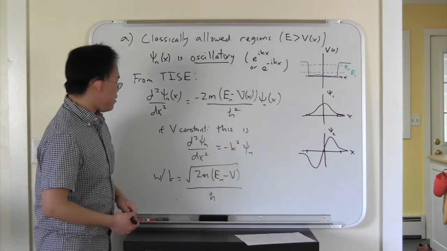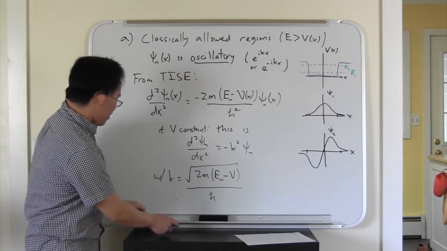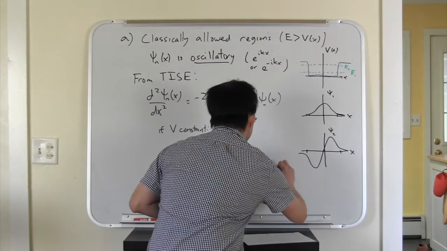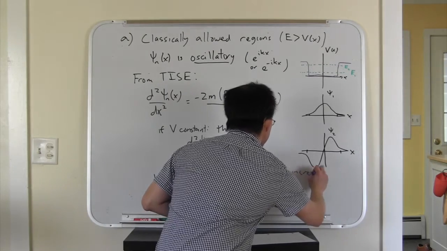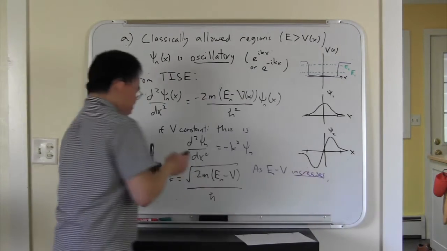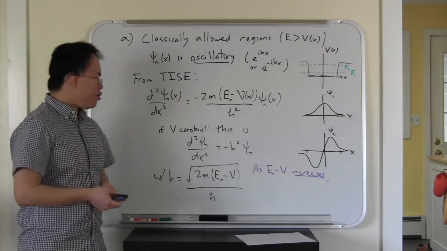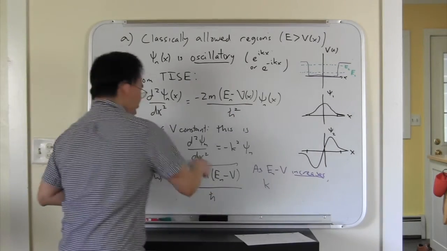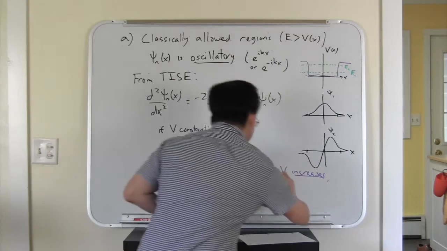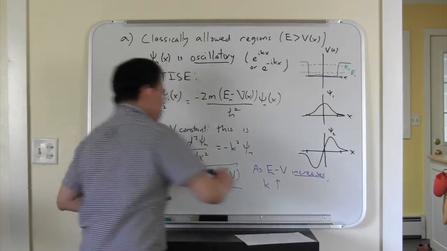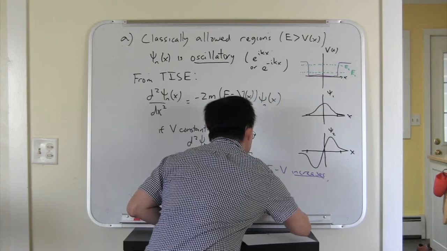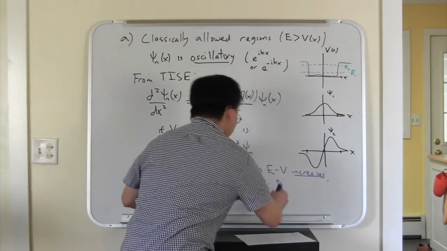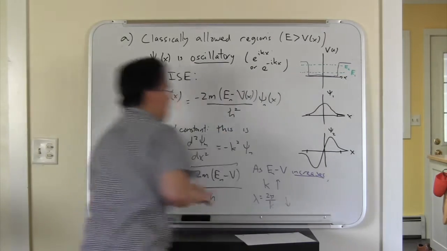E_n minus V will increase as my V decreases. So the takeaway is, either by my energy going up or my V decreasing, my k has to increase, which means that my wavelength, which is 2 pi over k, goes down.